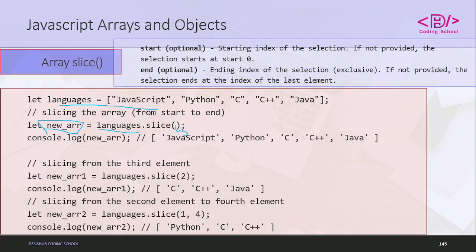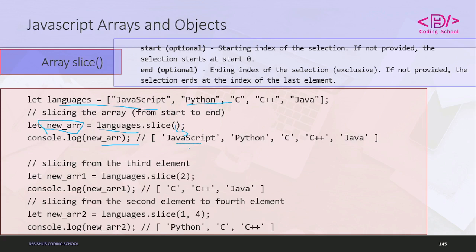When you console.log the new array, it will output all items in the array. So it will assume the starting point to be 0 and the last point to be the index of the last item. At this point it will simply copy all the elements and put them in the new array.